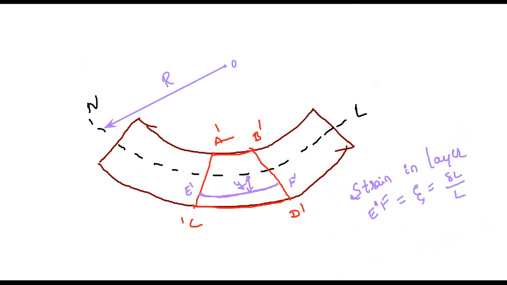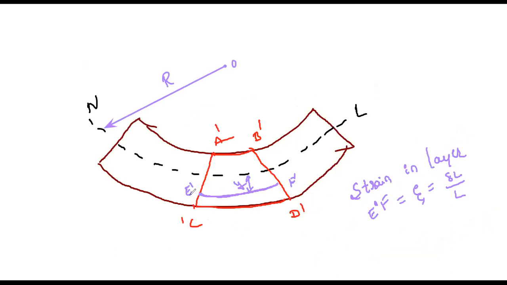So here, what is the change in length? Delta L by L. Change in length is the final length minus the initial length, divided by the original length.